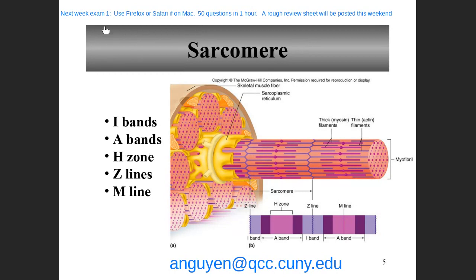Now, if you pay attention to some of these questions I asked today, you might see them in the exam again. The question is, what is this network of membrane that you find in the skeletal muscles called?